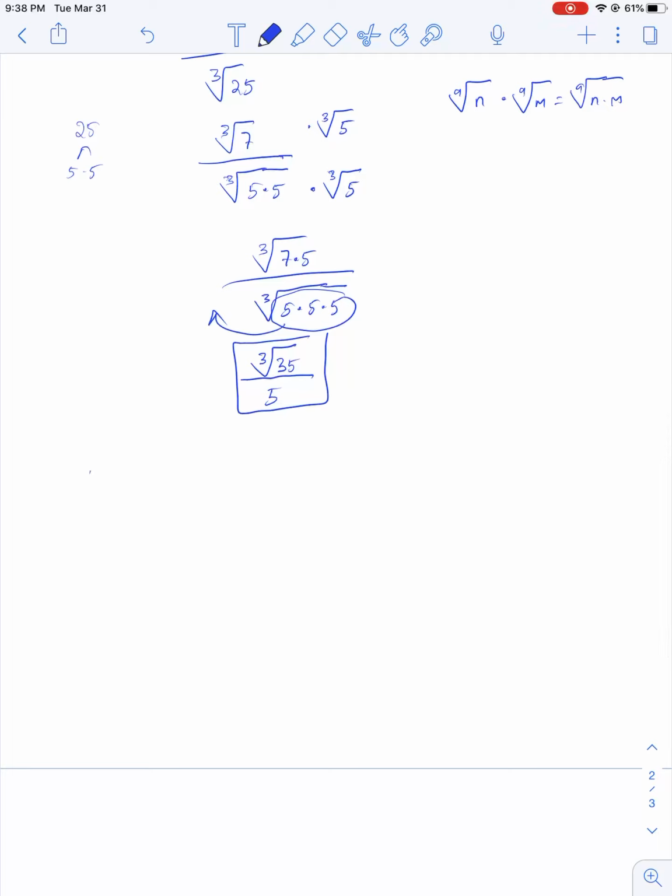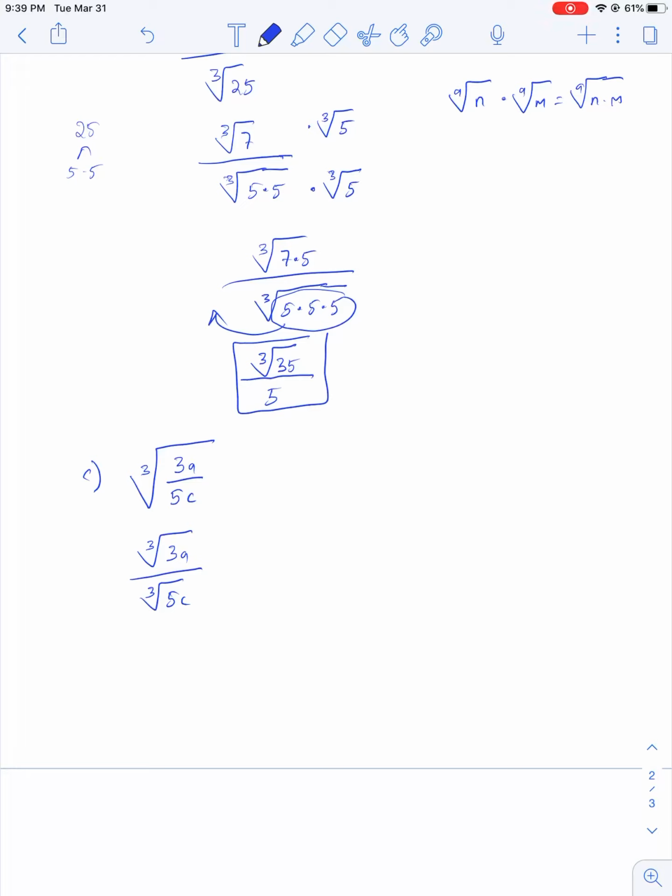Let's take a look at maybe one more like that, because I know that's always a tricky one on the homework. How about we include a variable in there? Let's do the third root of 3a over 5c. Okay, so this is the third root of 3a over the third root of 5c.